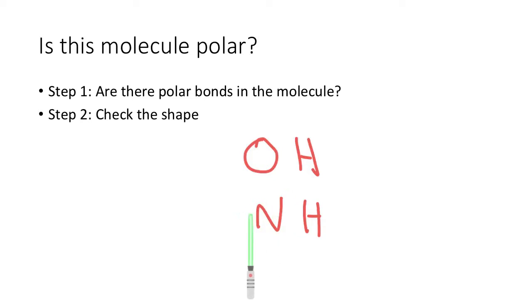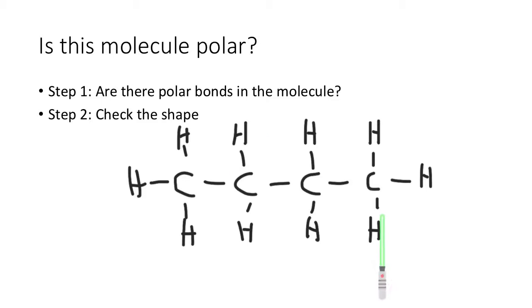You're always going to have some polarity if you have hydrogen bonded to oxygen, or hydrogen bonded to nitrogen. And the more of these groups there are in the molecule, the more polar it will be. If, however, you just have a hydrocarbon, that would not be considered polar at all. So hydrocarbon, not polar; hydroxyl, NH in your molecule, there will be some polarity there.